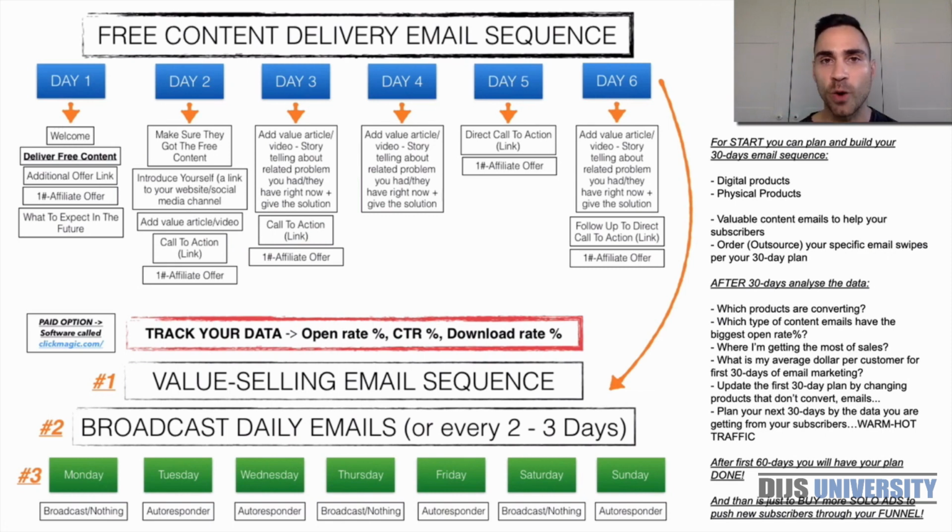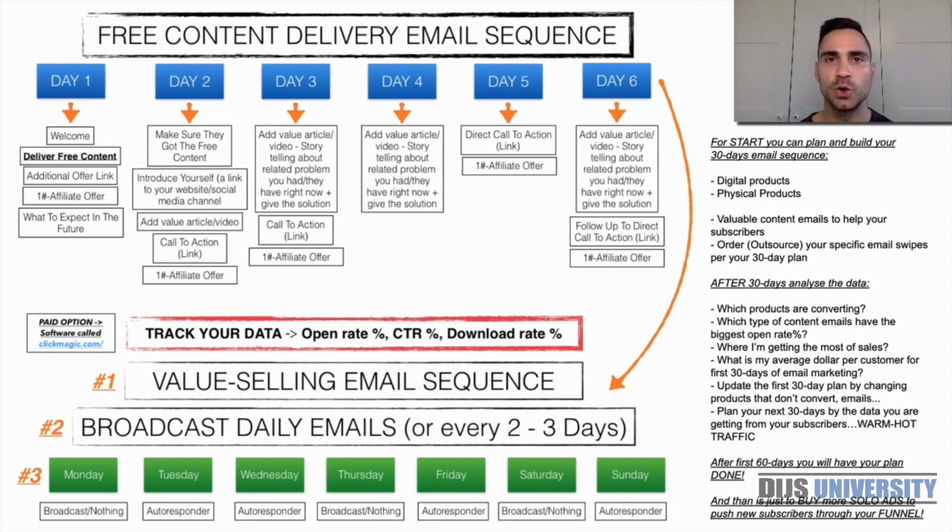So this is a good way to get the most of your subscribers. So after first 60 days, you will have your plan done. So after the 60 days, you will analyze the first 30 days and the second 30 days, and you can adjust the 60-day email sequence plan to get the best results.